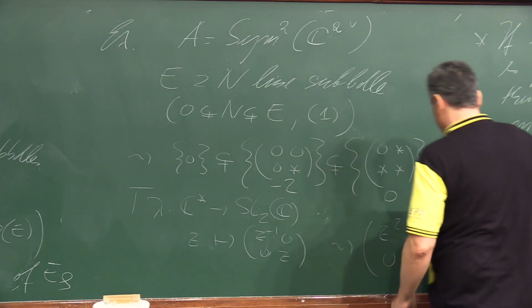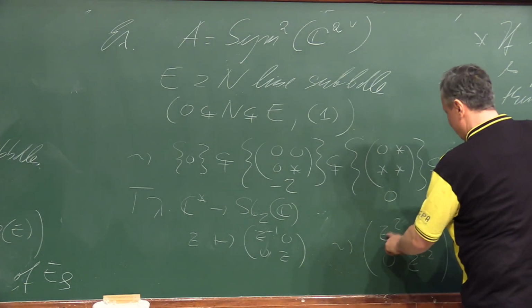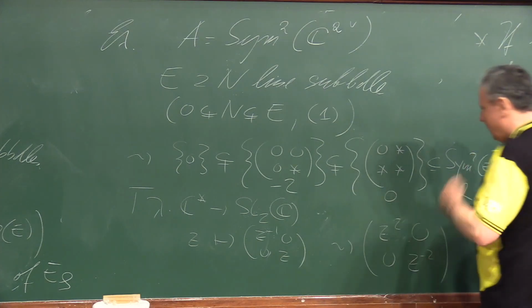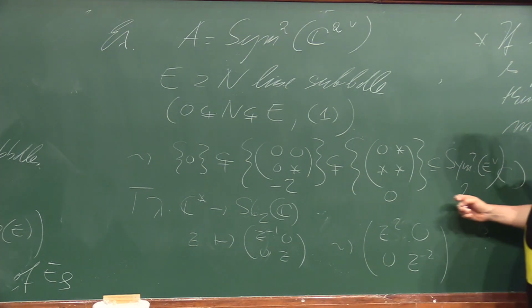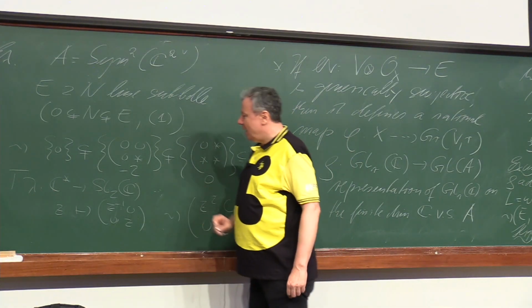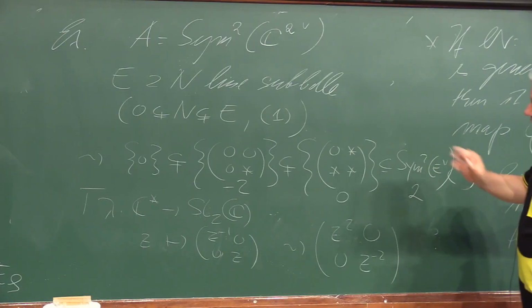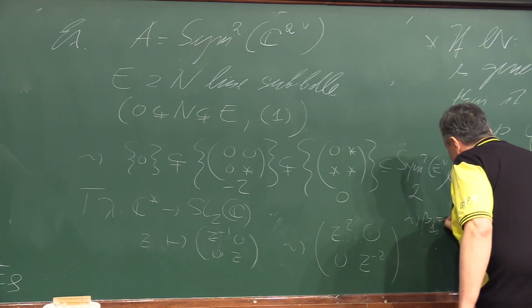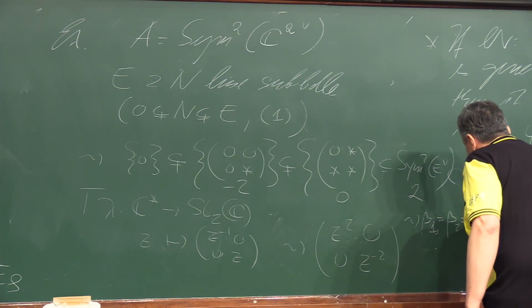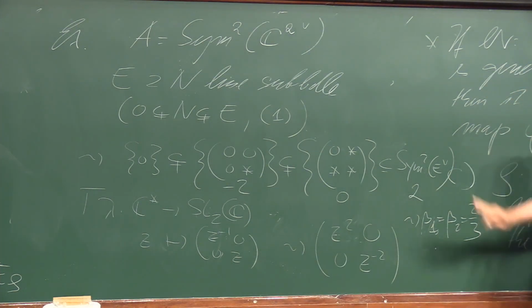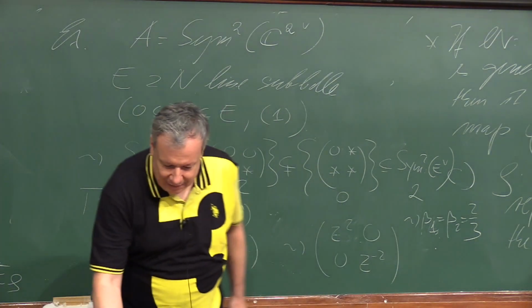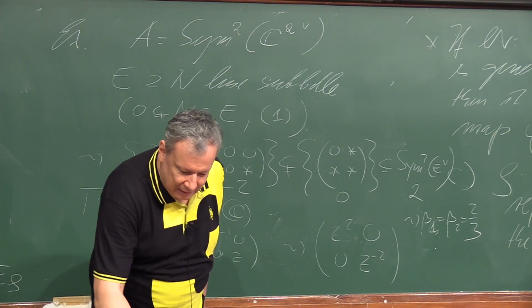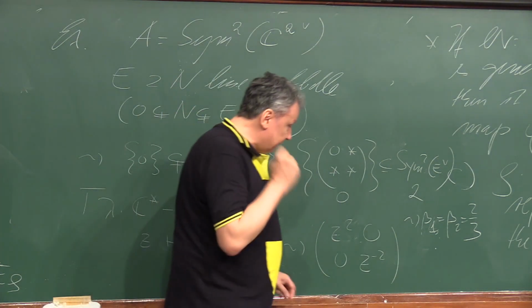And here, the biggest weight which occurs is weight 2. So the differences in weights are 2, and then one also divides by the rank. So beta_1 equals beta_2 equals 2/3. This would be the induced weighted filtration. Okay, so now I can finally tell you about the general coherent systems.